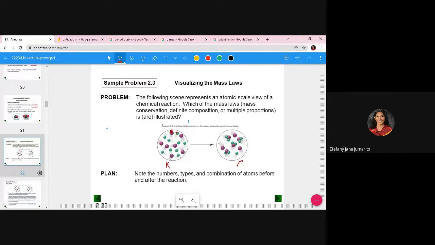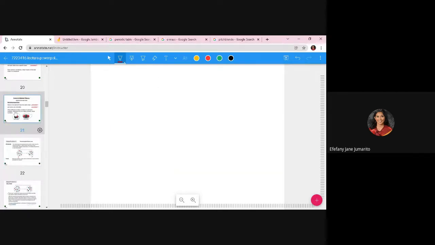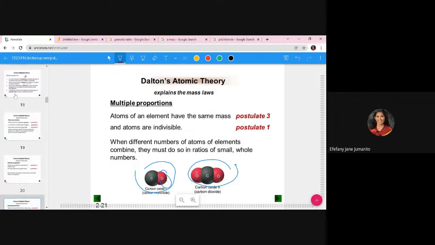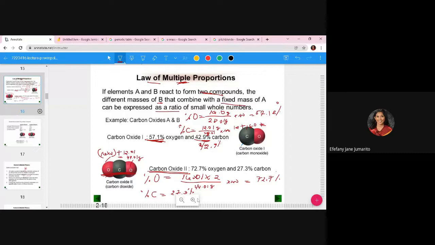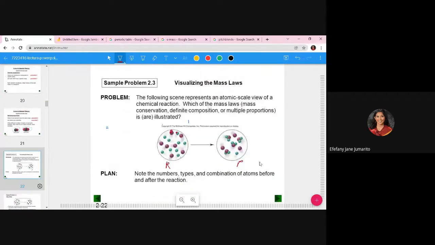Now in this case, we can't see the law of multiple proportions. Because we should compare, like earlier we compared carbon monoxide and carbon dioxide. So we can see that it's multiple because the oxygen or the carbon is different in other compounds, but here only one is given.